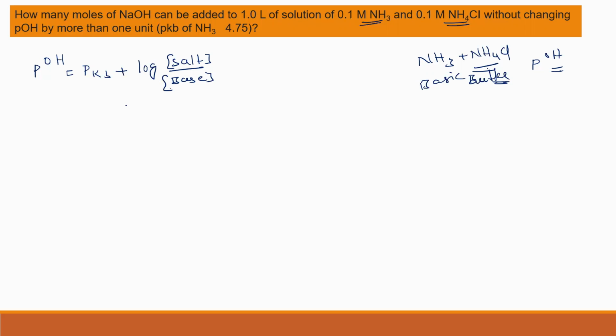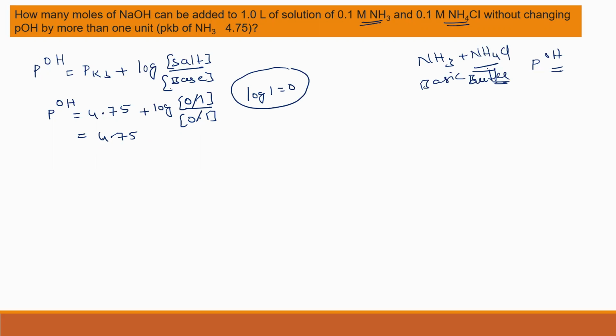Substituting the values, pKb is 4.75 plus log of 0.1 by 0.1. The salt and base concentrations cancel each other, and we know log 1 is equal to 0, so pOH is 4.75.